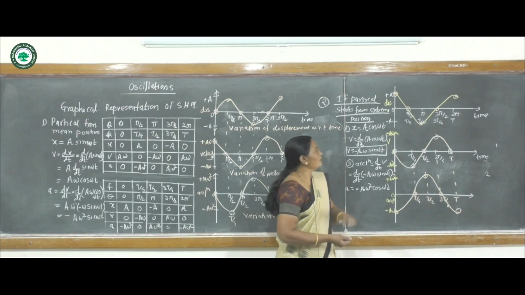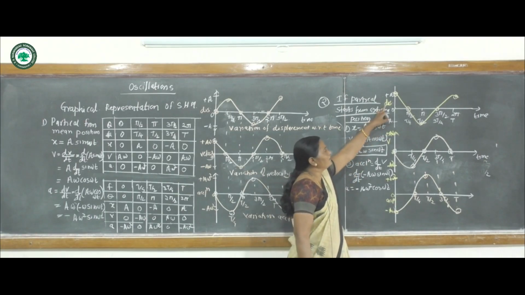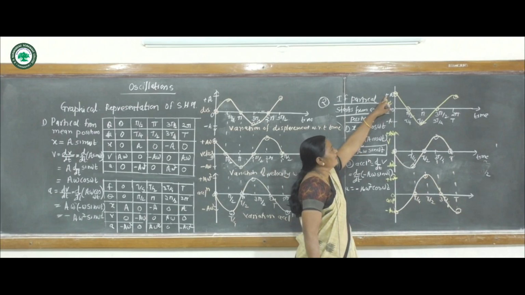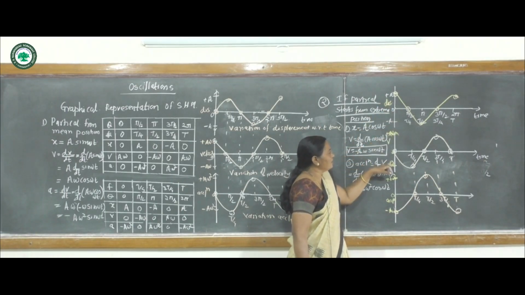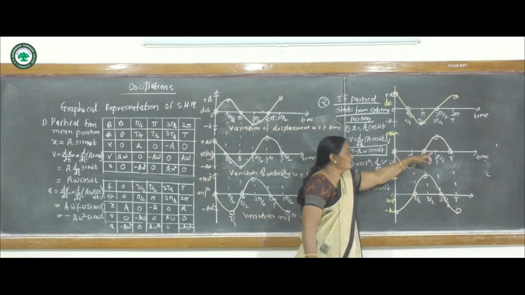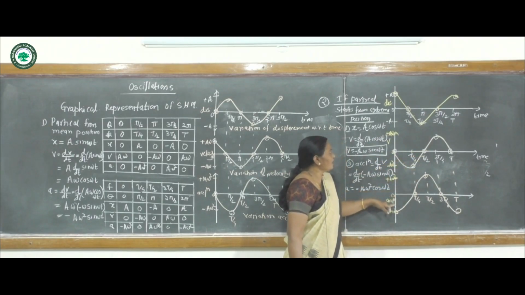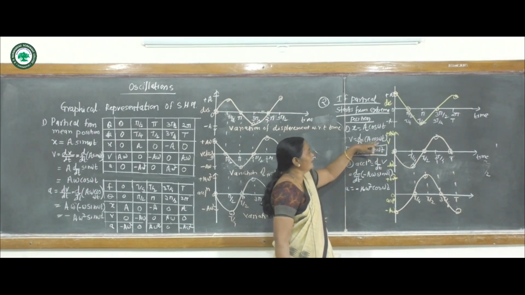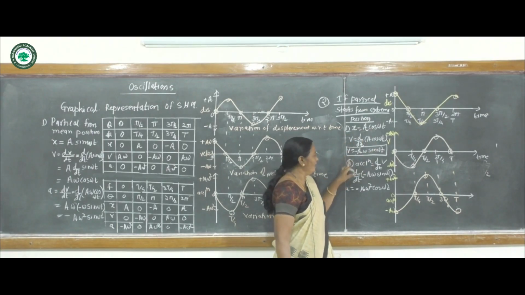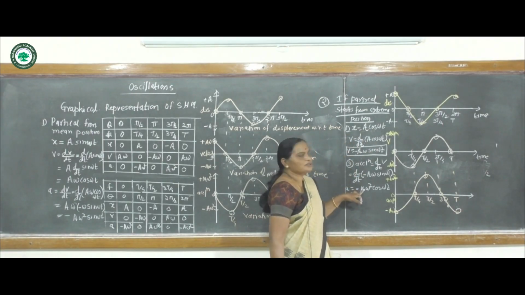Now see, in case of displacement, the maximum and minimum, the graph is shown like this. In case of velocity, the graph is the sine graph. Here the graph is again a cosine graph. From this we can say that displacement is a cosine graph, velocity is a sine graph, and acceleration is again a cosine graph.